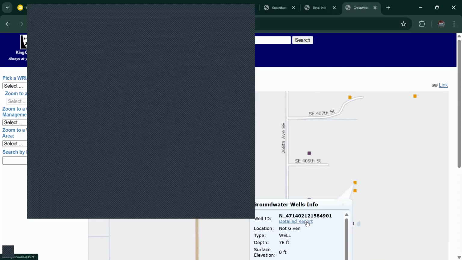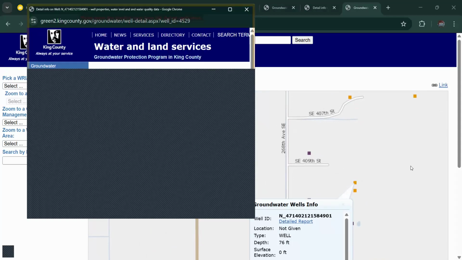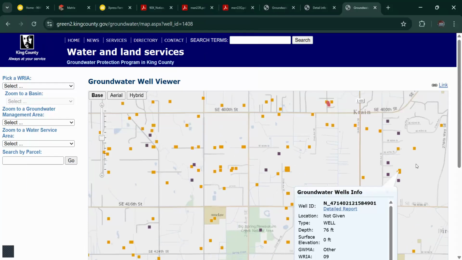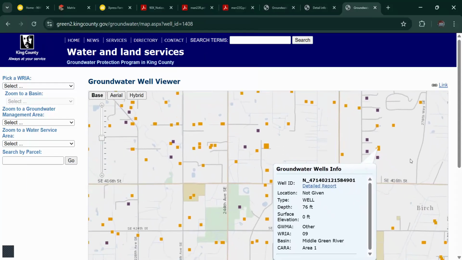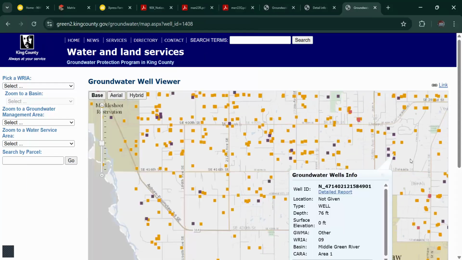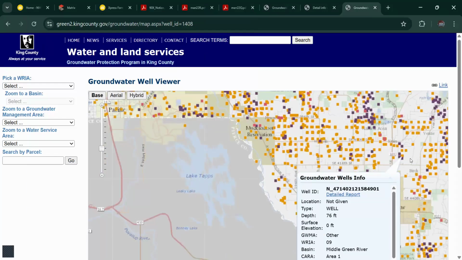Detailed report goes back to that same one. So you can see all the different wells. Let's look at all the wells. That's Auburn, Lake Tapps, and there's the Pierce County line.